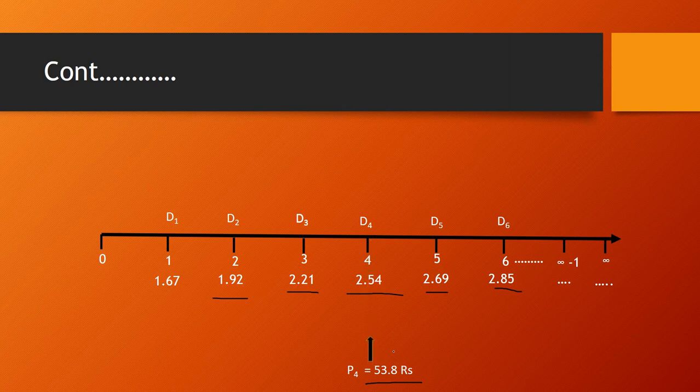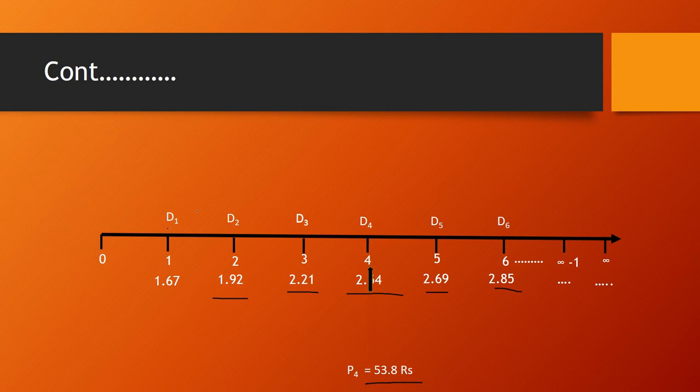So that means once we have calculated P4 at the end of 4th year, beyond that point, we don't have to consider the values. That means what all values I am going to consider to calculate P0 is the value of D1.